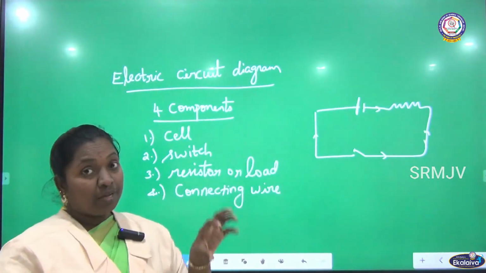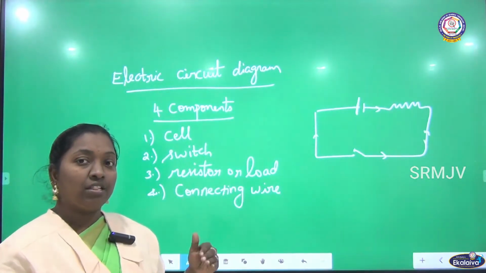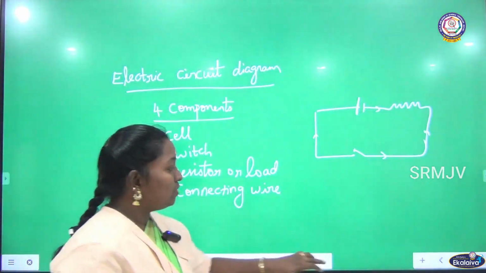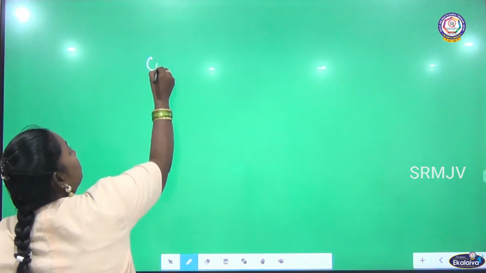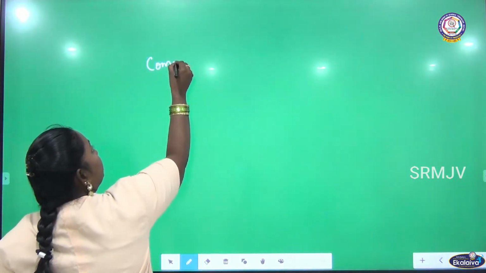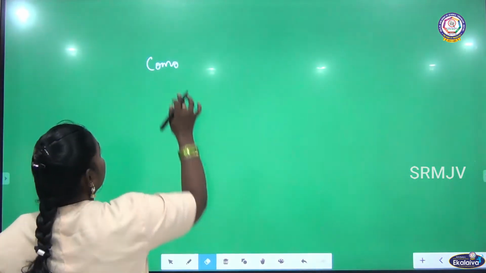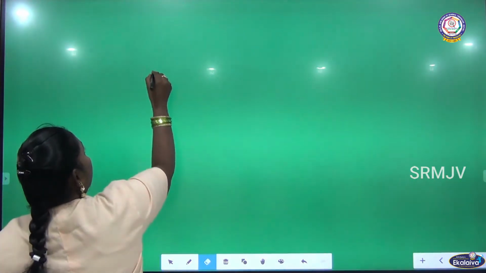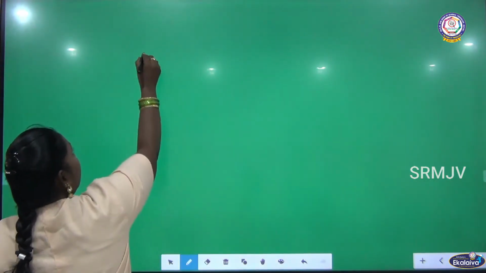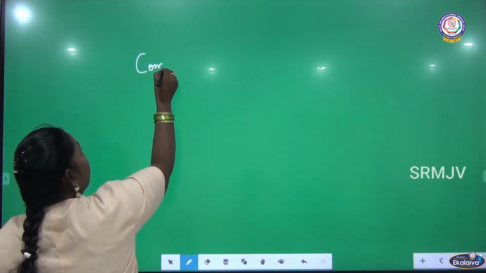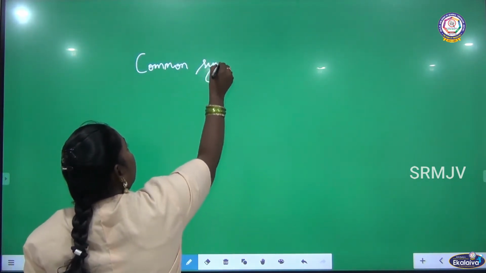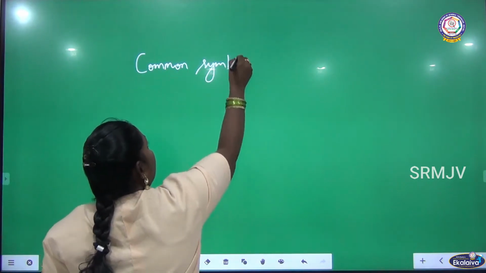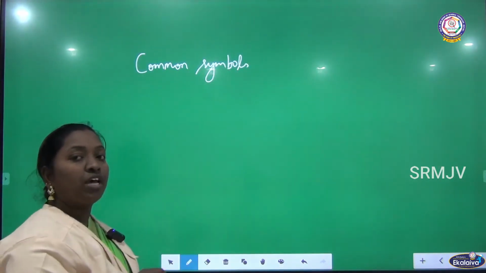There are some common symbols in the electrical circuit. Let me show you one by one. These are the common symbols which we use in electrical circuits.